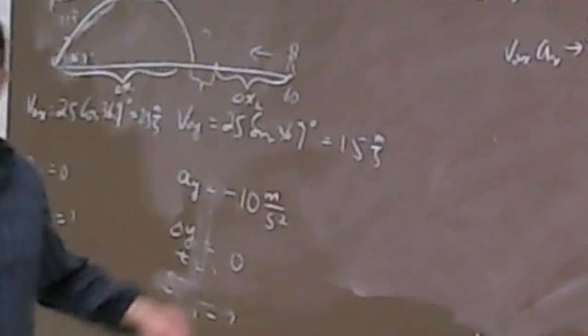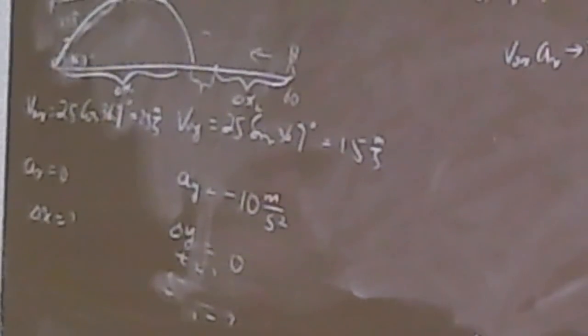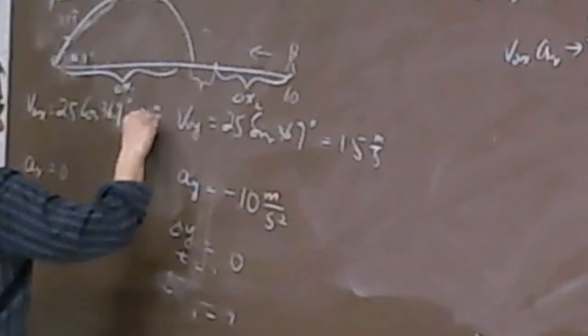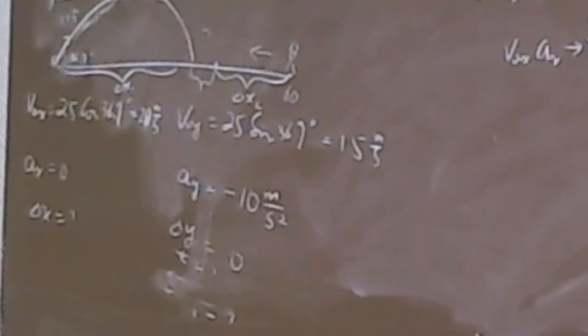Okay, so question? Oh, it's 20. V naught is 25, V naught x is 20.